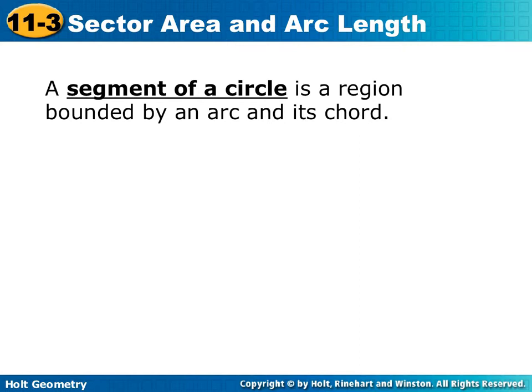How can you find the area of that? Could find the area of the whole circle, but then we have to take a lot of it away. If we take the area of the sector, like this whole part, and then find the area of the triangle, we can subtract that away, and what's left is the area of the segment of the circle.